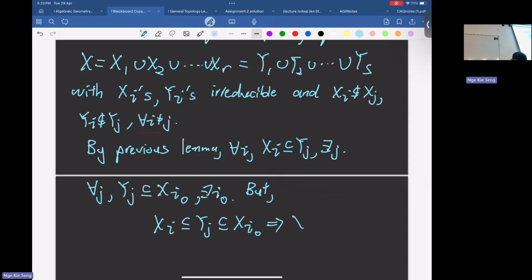So, let's put down the claim. The claim is Si equals Xi0 equals Yj. Obviously, if those two are equal. So if Xi is not equal to Xi0, what could happen? It's reducible.